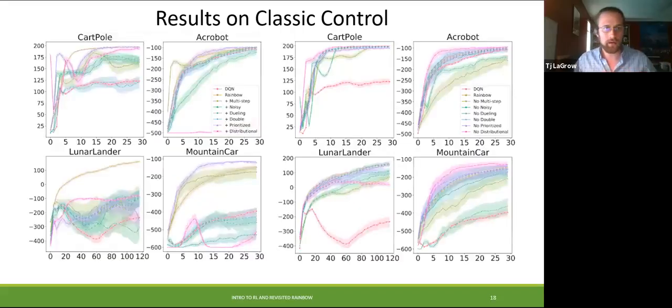And so here we have the results on the classical control problems. Hopefully this is not too pixelated to see. To the left are the 4 examples of adding in each of these new iterative steps, and then this is taking out each of the steps from Rainbow. They did find that each of these algorithms does improve with Rainbow in the addition of each of the ones.